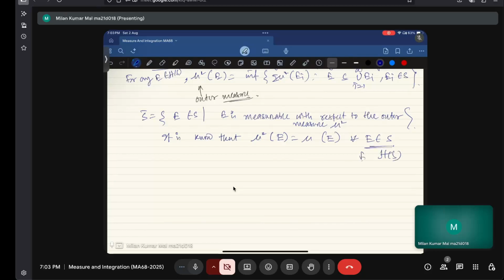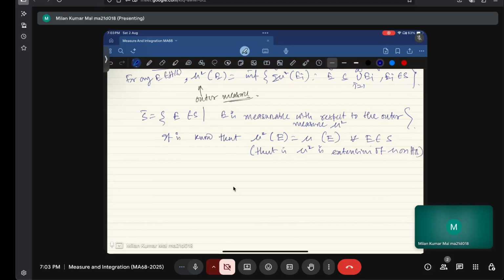If E is coming from HS, then this is not guaranteed. That's why it is only for E belonging to S. That is, mu star is actually an extension of mu on HS.